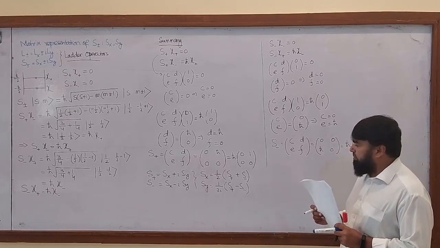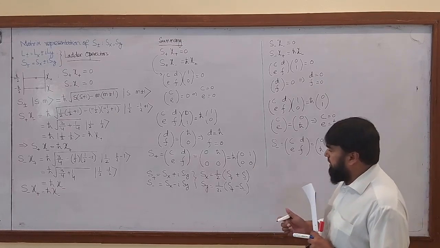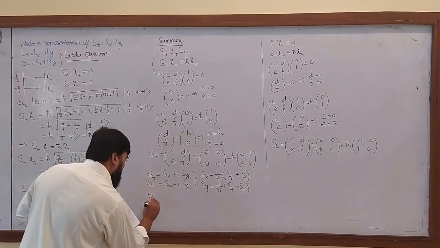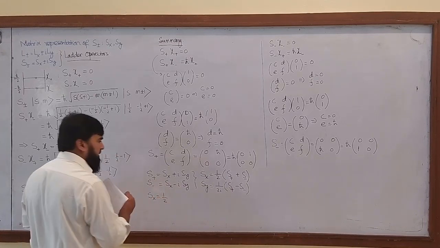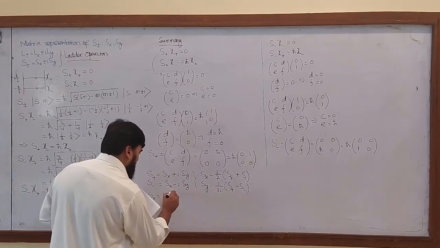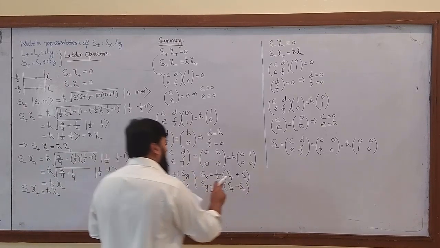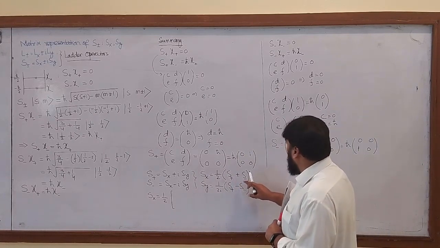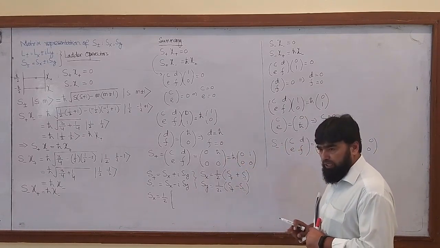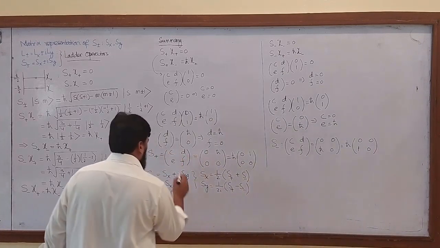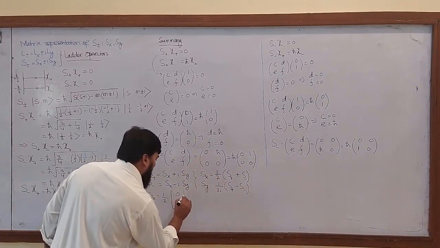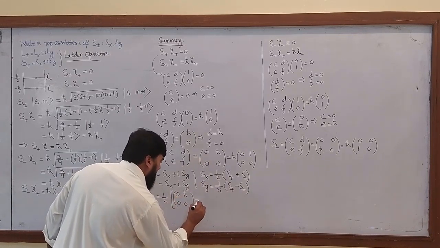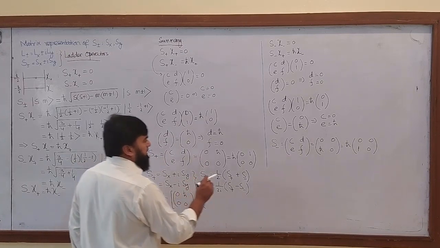So start from this one about Sx. Sx is half, and here add the two matrices S plus and S minus. You know what is S plus. What is S plus? S plus is 0 h bar and 0 0. What is S minus?